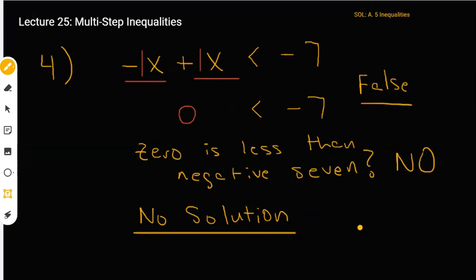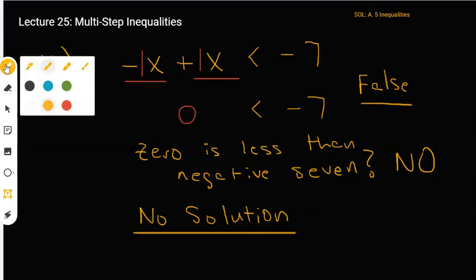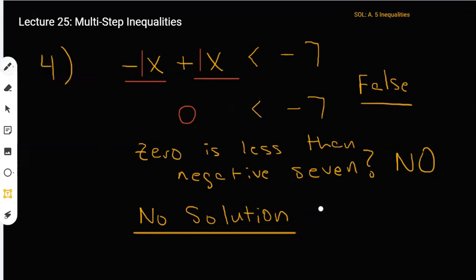But let's say we got something different. Let's say we got 0 is greater than -7. Would that be true? Yes, that would be true. So if we get a true statement, what do we write? We write all real numbers.